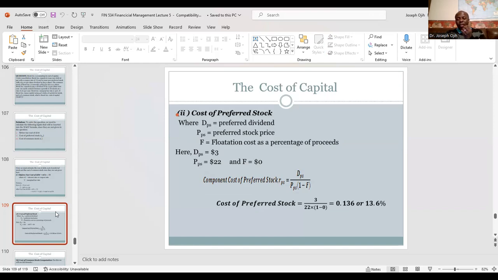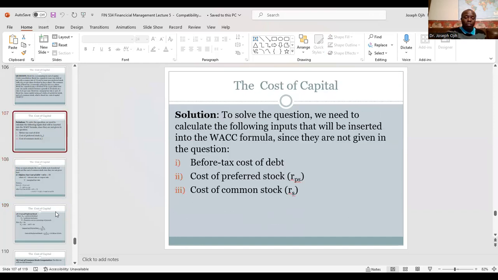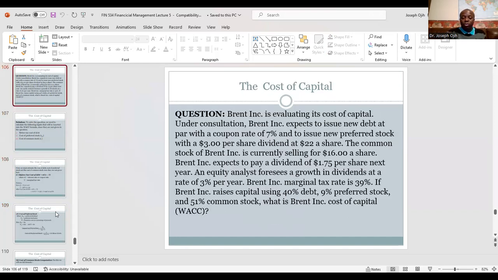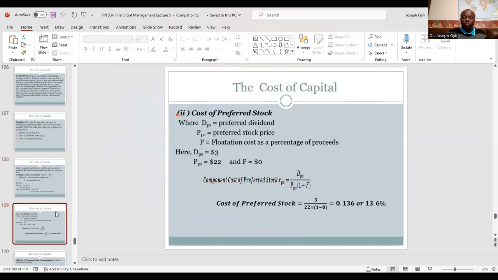It doesn't mean that it must be an initial public offering in order to have a flotation cost. But in this particular example they gave us, they didn't mention the flotation cost. So our F will be 0.